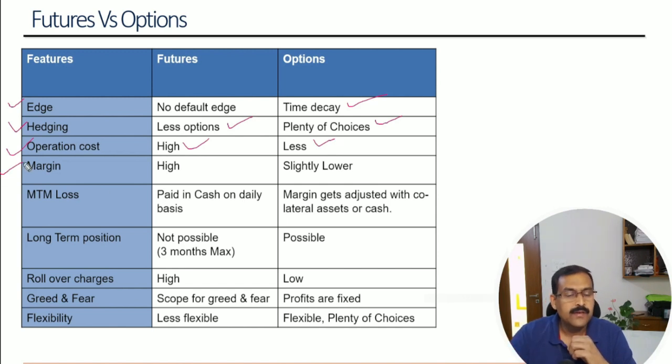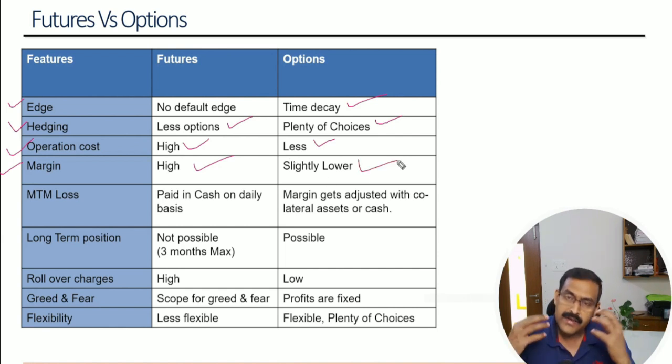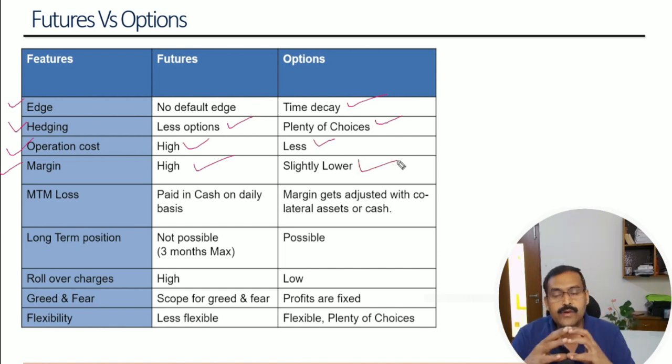Then coming to margins, the margins for futures are slightly higher and the margins for options are lower, and you can make it even lower by hedging and designing the strategies properly to reduce the margin. The MTM losses, the mark-to-market losses, are settled on a daily basis to the trading account. But in case of options, the margin only gets adjusted with the collateral that you have.